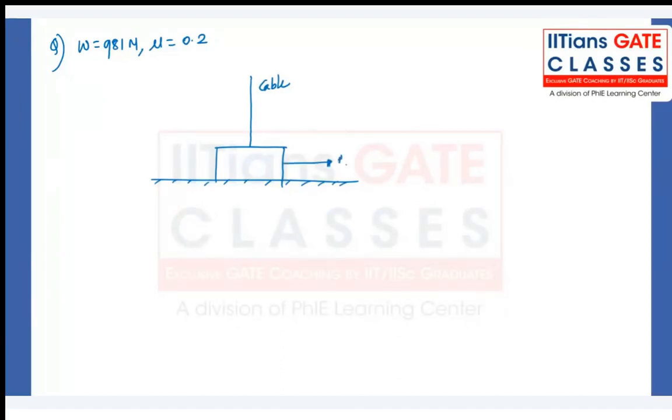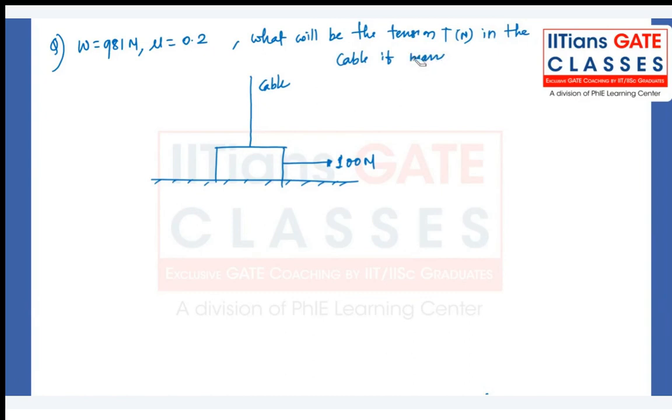What will be the tension in Newton in the cable if the man is just able to move the block towards right?